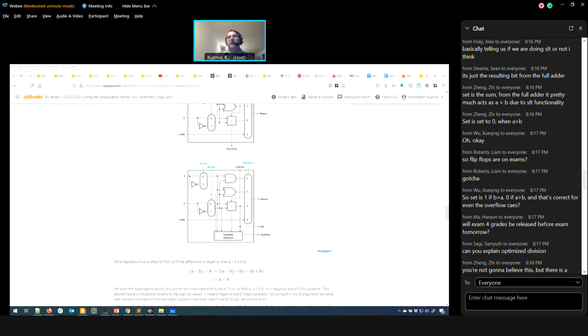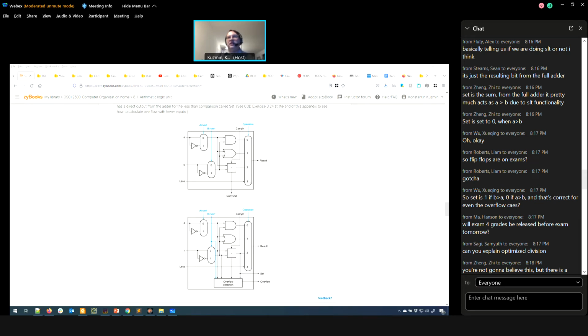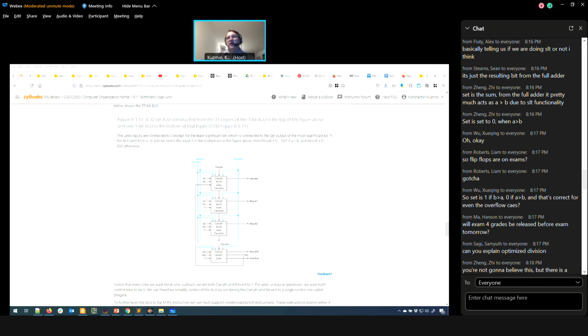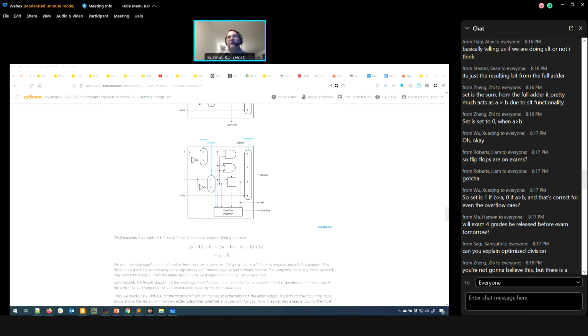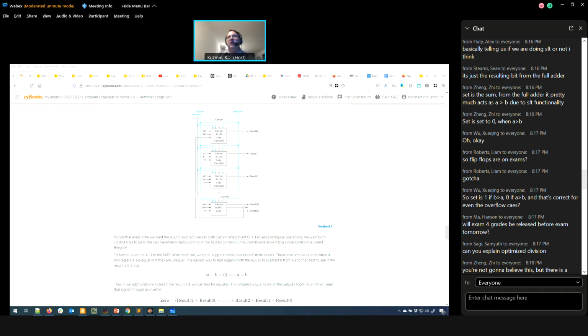Remember, in this mode 3, which is SLT, whenever our multiplexer is set to connect the less input to the result output, for the least significant bit, this less signal is exactly this set, this y here. So it's basically the sign of the difference of A and B, and if that sign is 1, it means that result 0 is going to be 1, which means that the overall result, if we look across all 32 bits, is going to be 1.